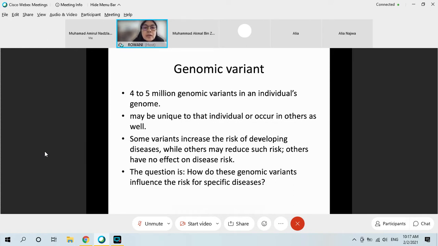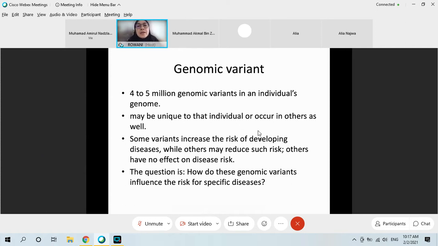We know that there are around 4 to 5 million different genomic variants in an individual's genome. This variation is unique to me, and your variation is unique to you. But among my relatives, there might be a lot of similarity with regard to these variations.